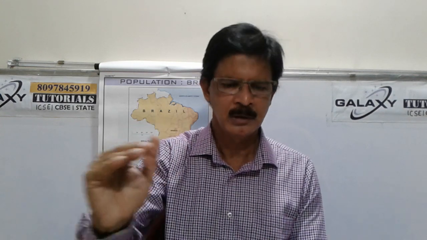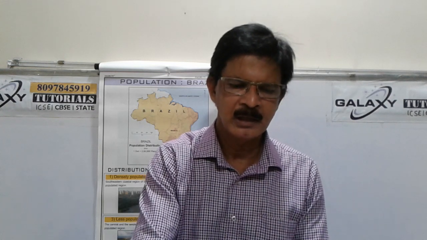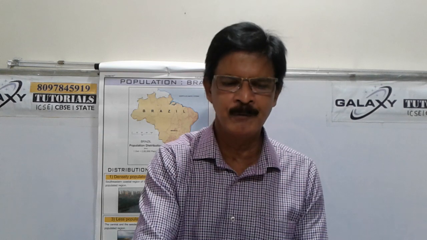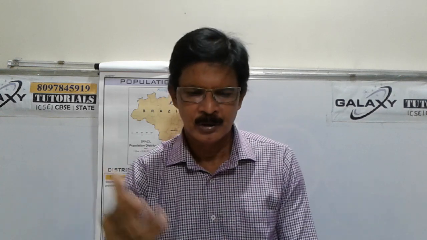If you are born in Brazil, in 1960 the life expectancy was 54 years. Meaning in 1960 it was expected that a Brazilian would live for 54 years. But now with the advent of new developments in healthcare and medicine, people are living for more years. So now the life expectancy has gone up to 75 years.